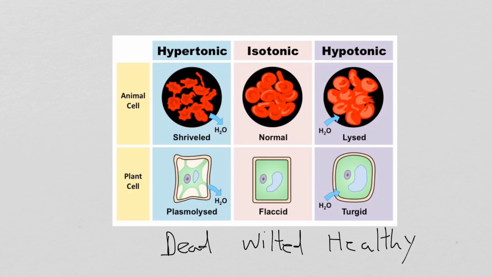So, I don't think you really need to memorize those names, but just kind of understand what would happen in a hypertonic, hypotonic, and isotonic for plants. And then, really, that is the majority of everything that you need to know for this test.